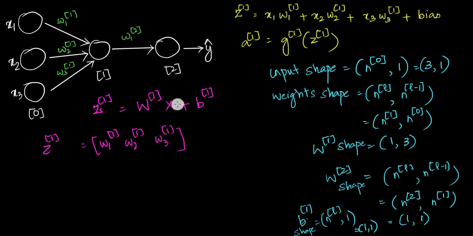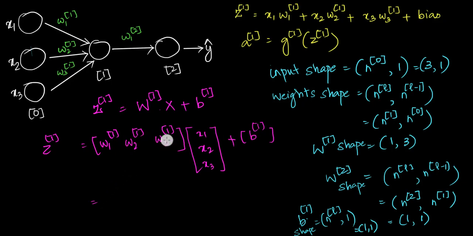And now we need to write the X. X is nothing but the input layer that we have here, and the input is of the shape 3 by 1, which means we have 3 rows and 1 column. So that is X1, X2 and X3, and plus I have my bias here, which is B1, and this is of the shape 1 by 1. So I'll just write it as one element in a matrix.